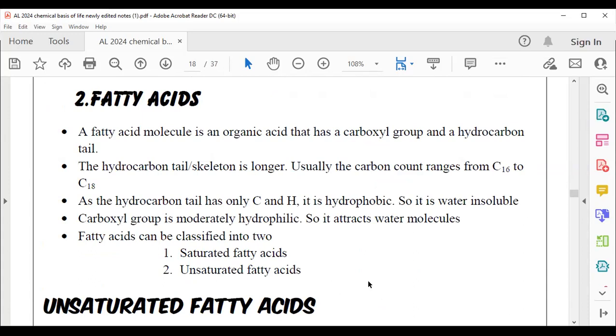The hydrocarbon is responsible for the hydrophobic nature of the fatty acid, and it is water insoluble. According to the presence and absence of double bonds in the hydrocarbon chain, we classify fatty acids as saturated fatty acids and unsaturated fatty acids.